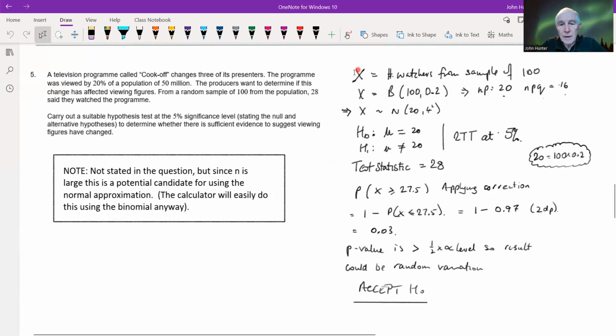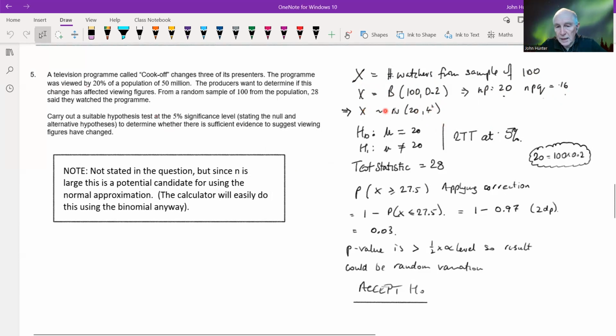So if this random variable is the number of watches from a sample of 100, then that would be binomial with a sample size of 100 and a probability of 0.2. That's giving us a mean of 20 and a variance of 16. So we could write that like that, 16 being 4 squared.